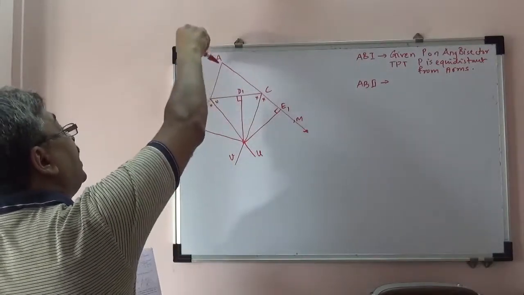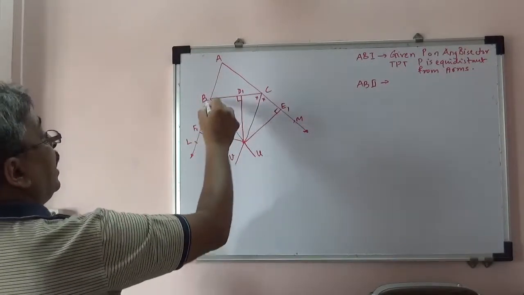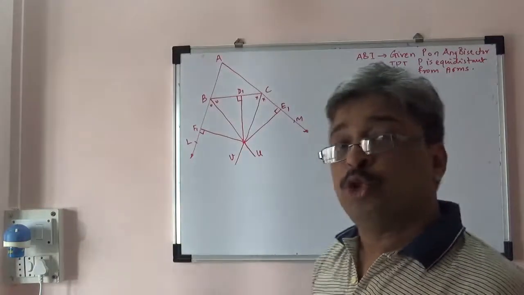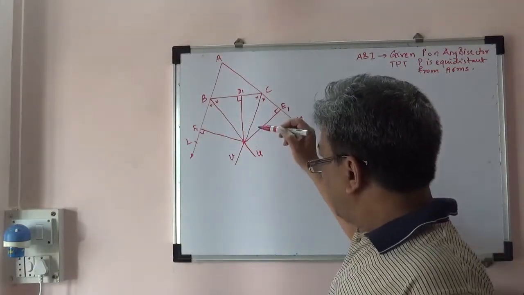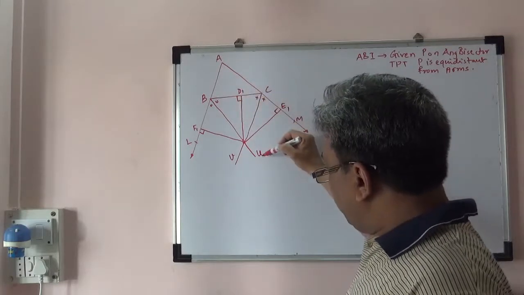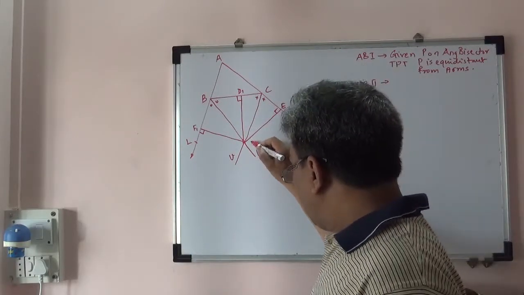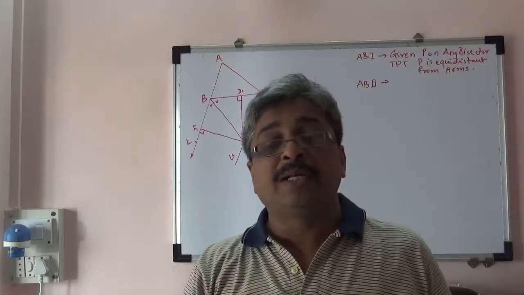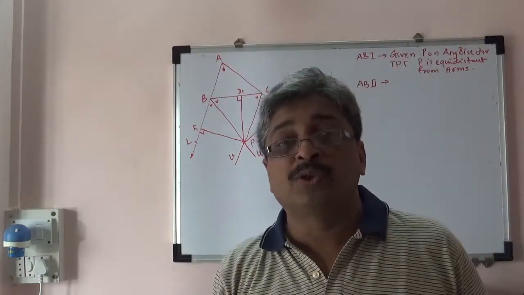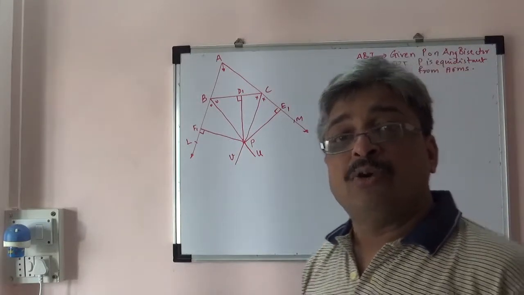AB is extended up to L, AC up to M, so we have the exterior angles of triangle ABC, CBL and BCM, opposite to A. If we draw bisectors of these two exterior angles, let this bisector be U, let this bisector be V, and let them intersect at point P. Then we are supposed to prove that the third angle bisector, the internal angle bisector of angle A, also passes through P. This is the concurrency of two external angle bisectors and one internal angle bisector of triangle ABC.